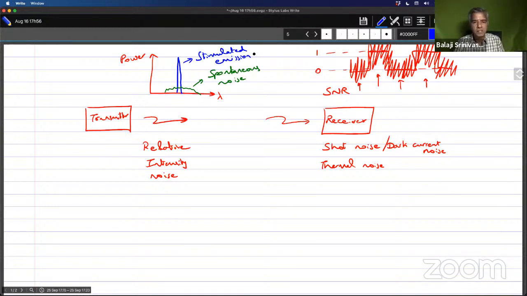It does not have a consistent phase, and it does not have a consistent direction, right? So when it gets emitted, it is quite random in nature. Whereas the stimulated emission is relatively more deterministic, because it is at around a particular wavelength, and on average it is going to have so many photons within a time slot.